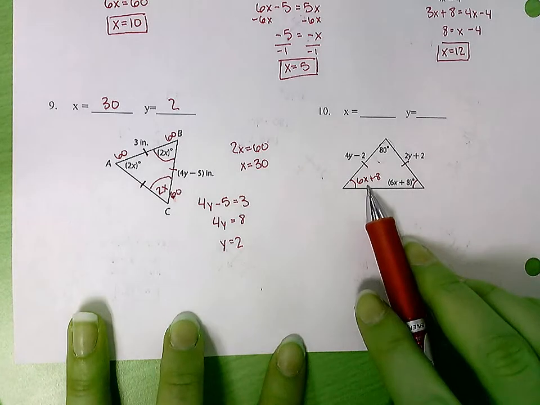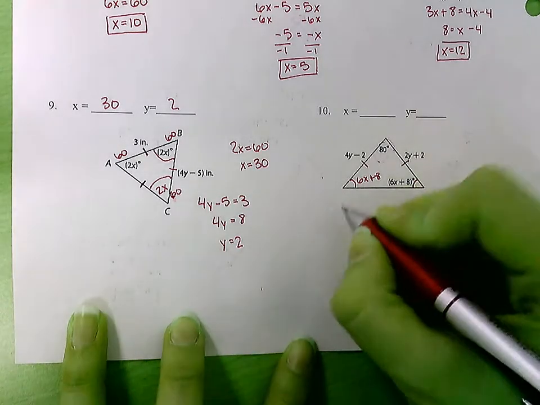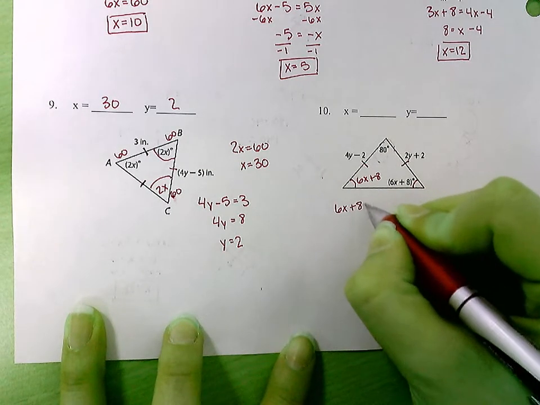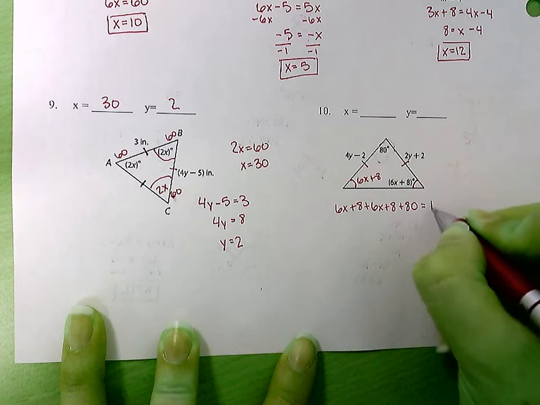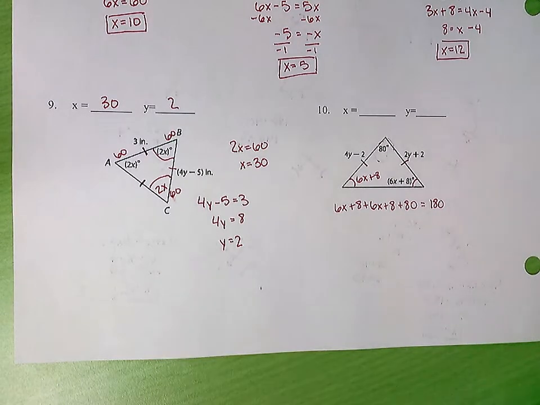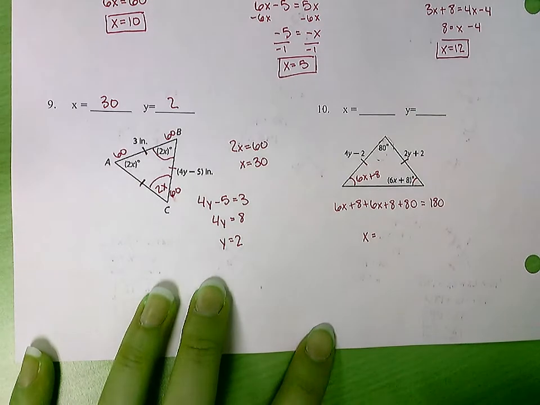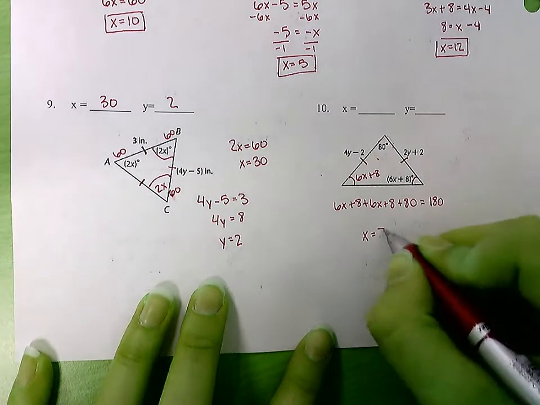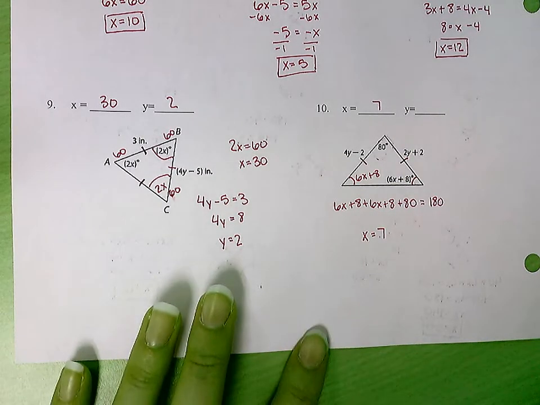So to solve for x, I can add all 3 of my angles together and set it equal to 180. Okay, so all 3 of those added together should be 180. And once you combine like terms and solve, you should get x is equal to 7.